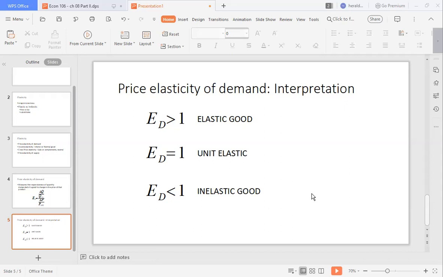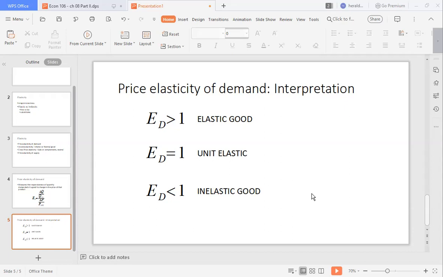But again, cigarettes are an inelastic good. Even if the price of cigarettes before, like for example Pula Puti, was around 2 pesos, 3 pesos, and now it's 5, people did not stop consuming cigarettes.